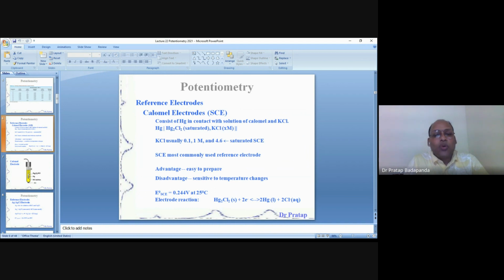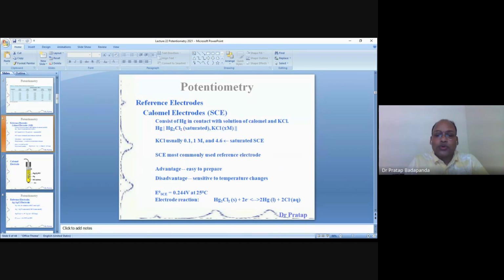Usually KCl is used at very specific molarity: 0.01, 1, or 4.6, saturated.